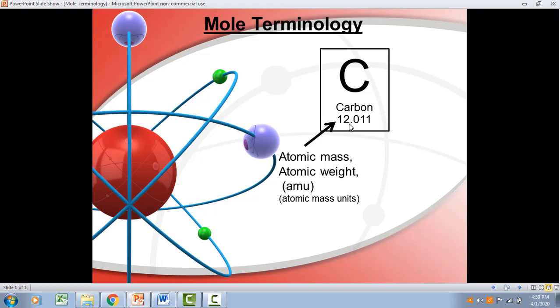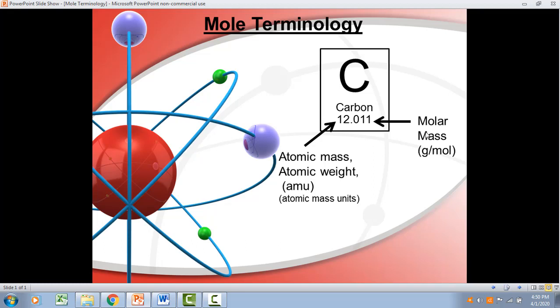Well, our balances in the laboratory do not measure in atomic mass units, and furthermore, if we're talking about a single atom, we can't really do a whole lot with a single atom. This is the mass of a single atom in atomic mass units. So instead we have the molar mass. The molar mass is the mass of 1 mole of any substance, in this case carbon, measured in grams.